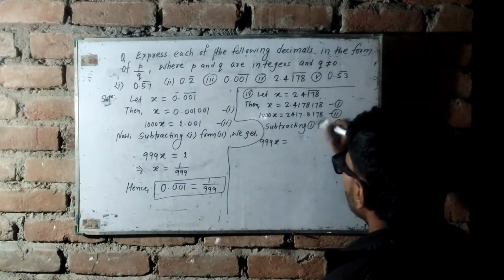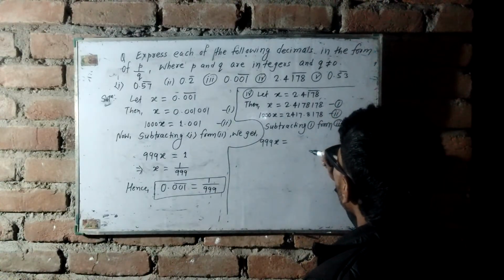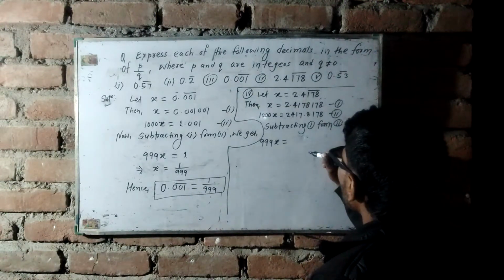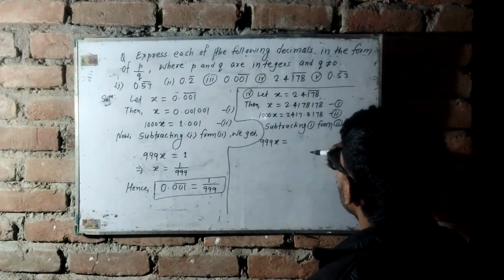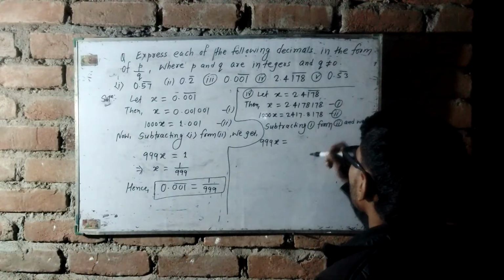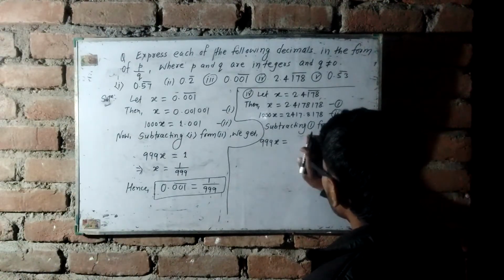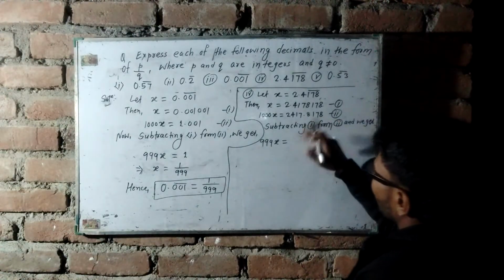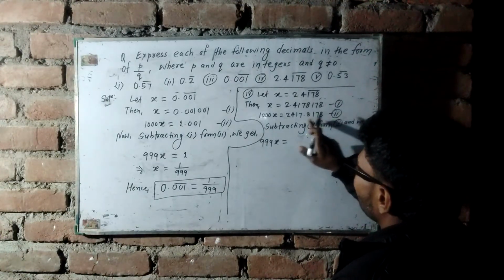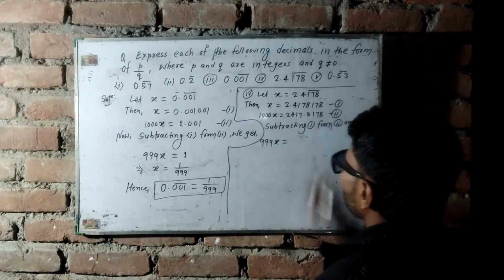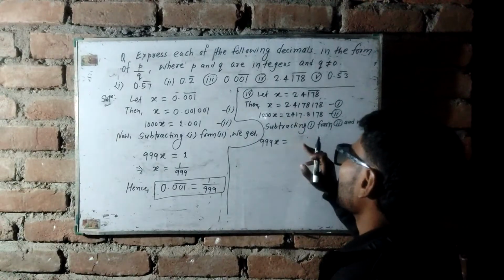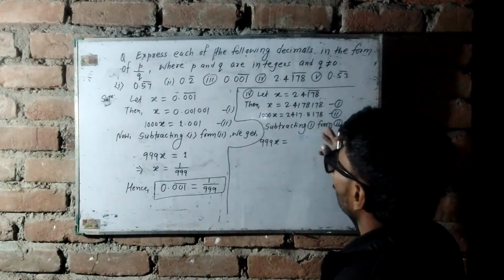Let me subtract this. We take 4 digits after the decimal point in both equations, because then it will be easy to solve.